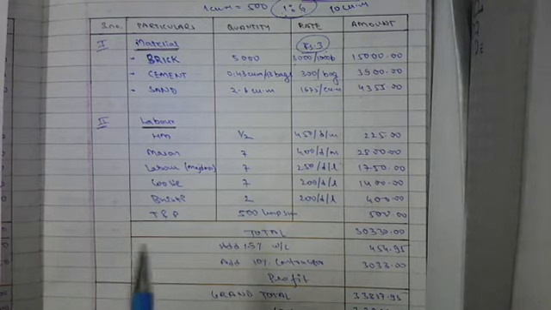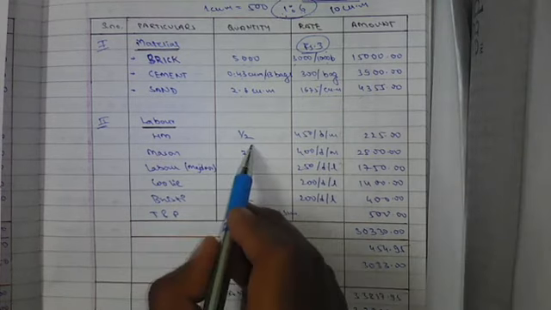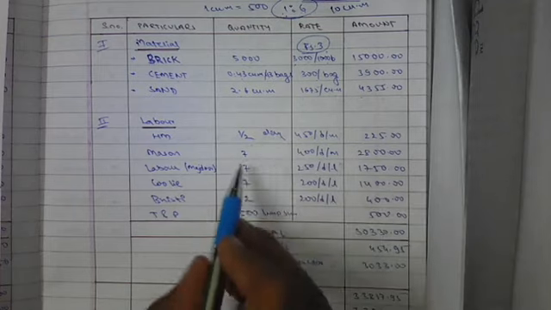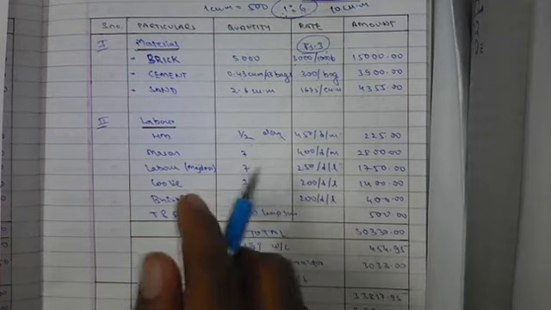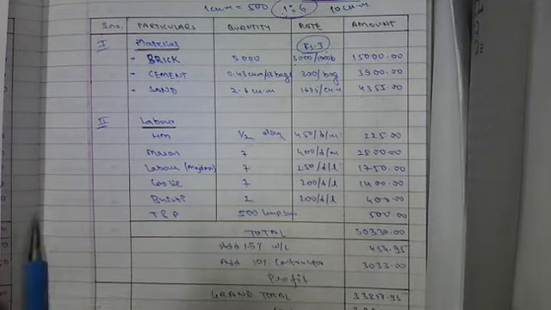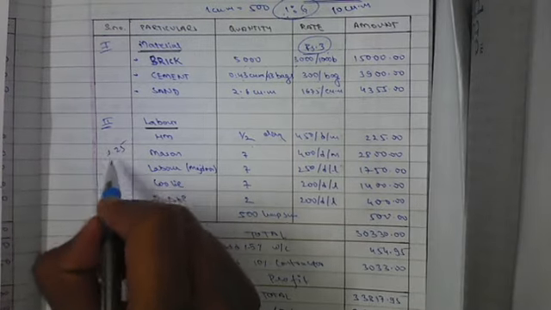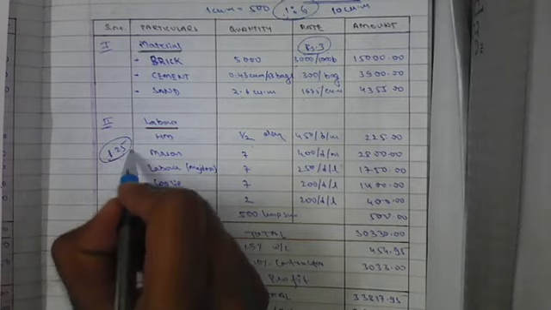Now for labor, the head mason is for half a day. 7 masons will be required, because one mason can do approximately 1.25 cubic meters of work per day.